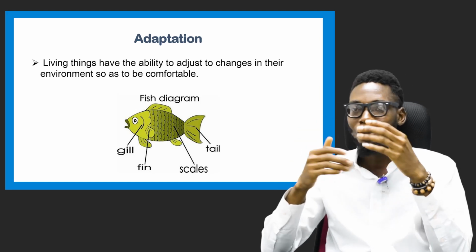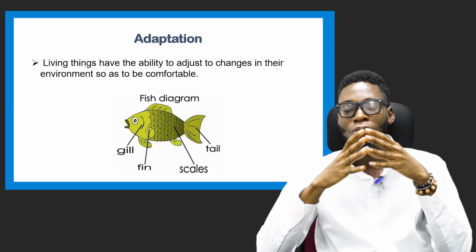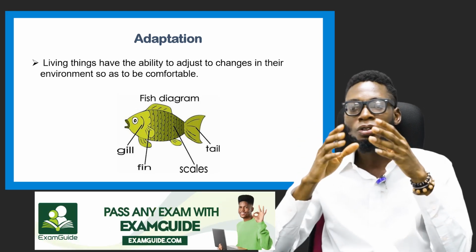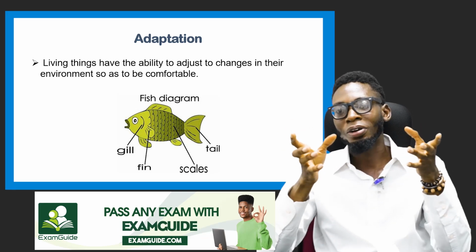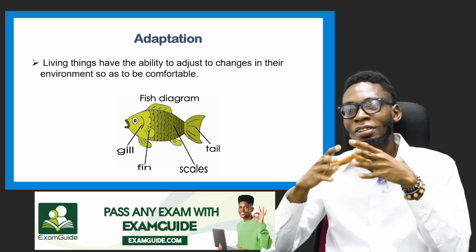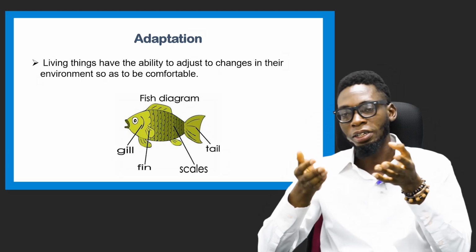Now we also have other forms of adaptation in which the skin of an organism is colored to suit its surrounding, and that's what we call camouflage. This helps to conceal it from predators or prey.